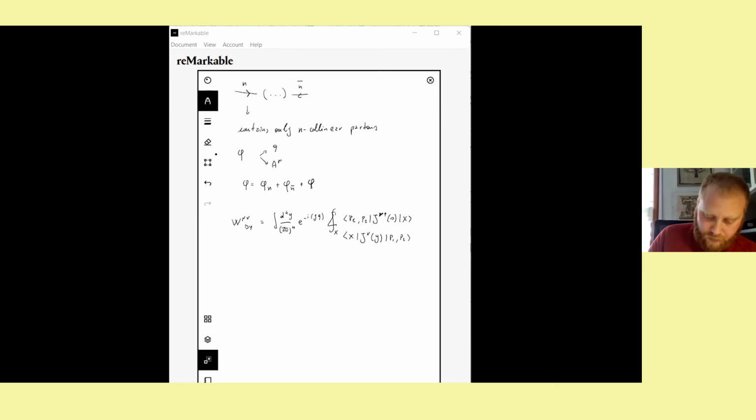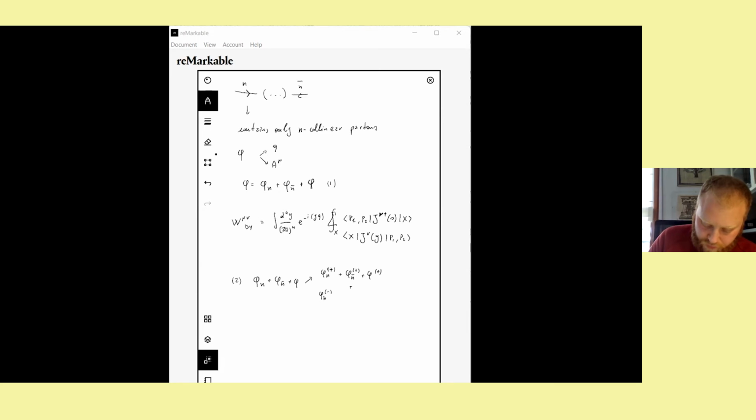Upon the decomposition into background and dynamical, you introduce a second decomposition. So phi n plus phi n bar plus phi goes into phi n plus, which has nothing to do with good and bad components. This is a different notation, with a different meaning, and I will tell you what it is in a second.